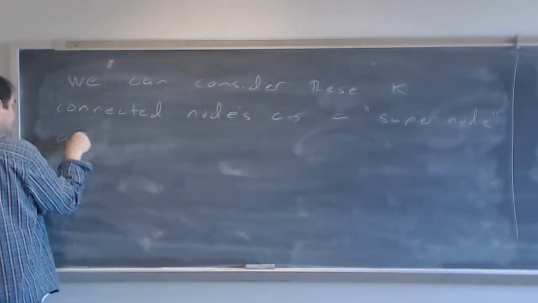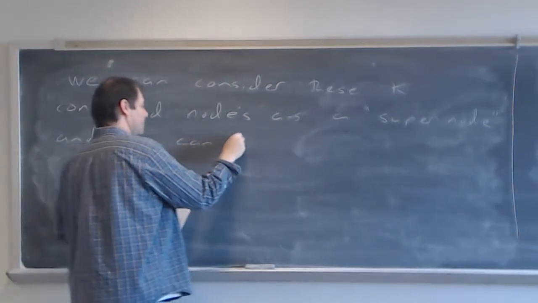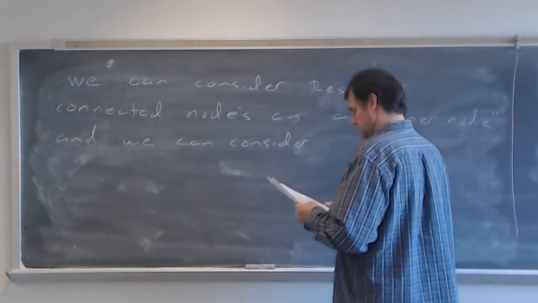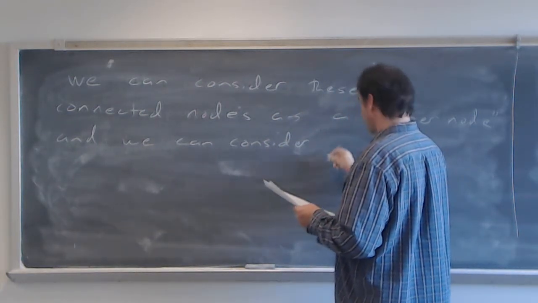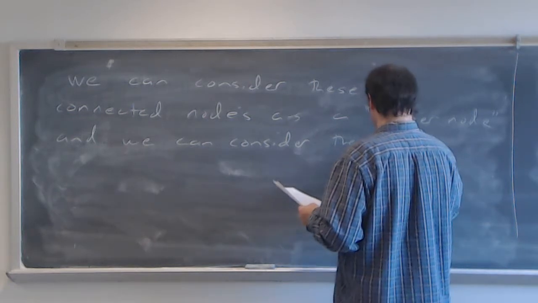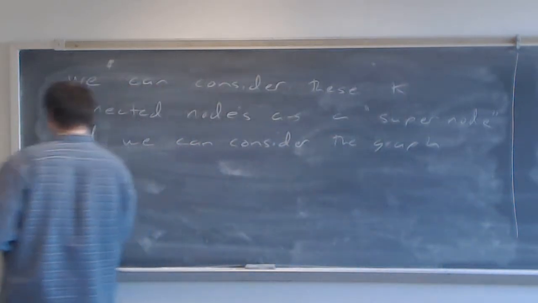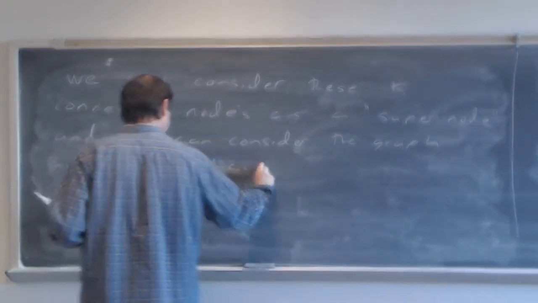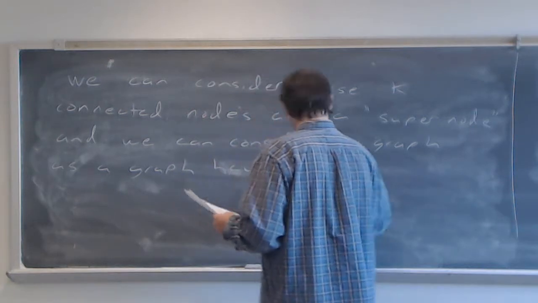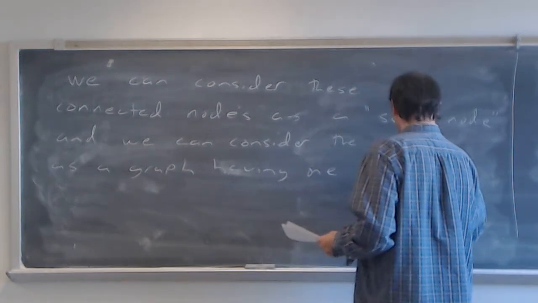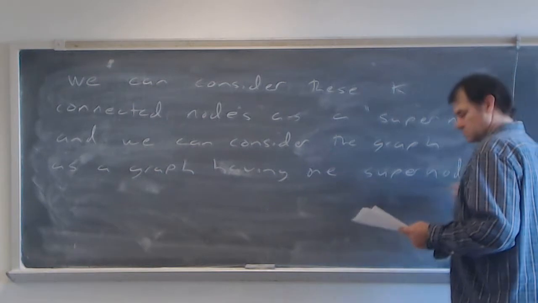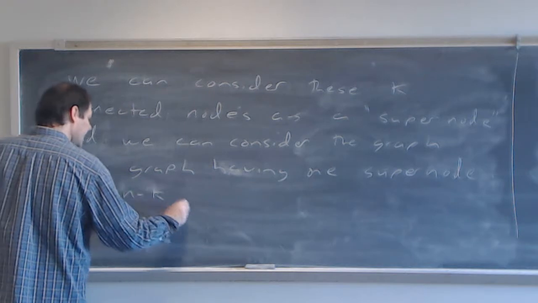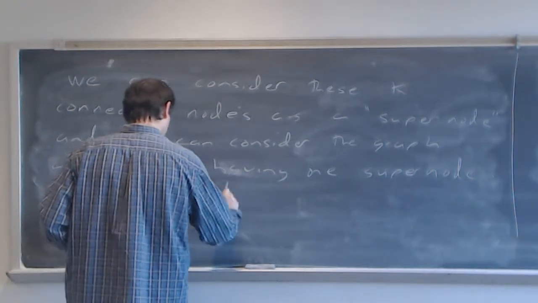And we can consider the graph as a graph having one supernode and n minus k ordinary nodes.